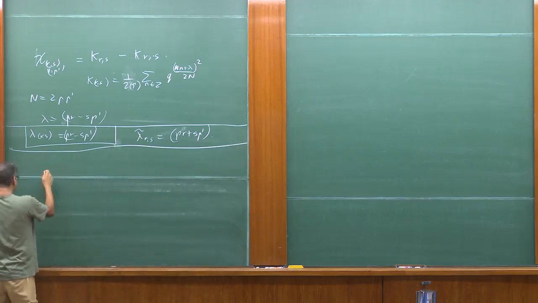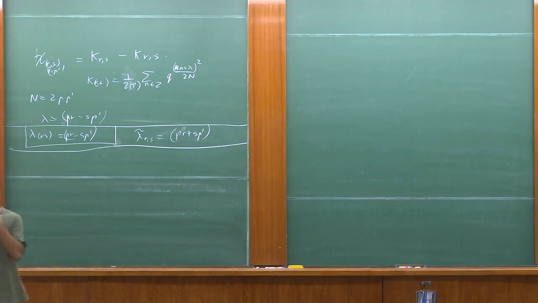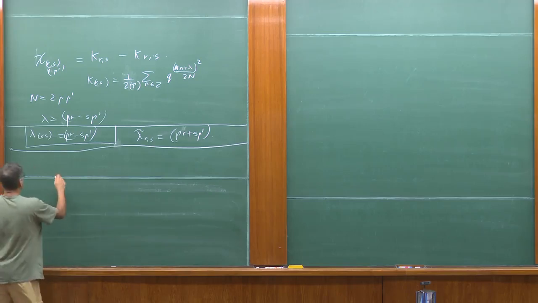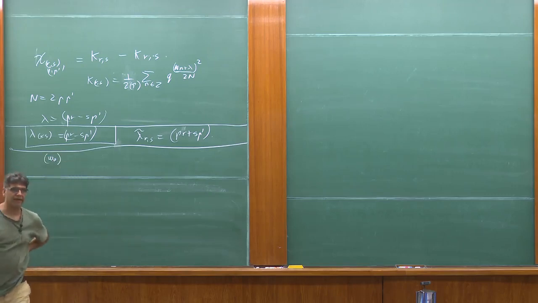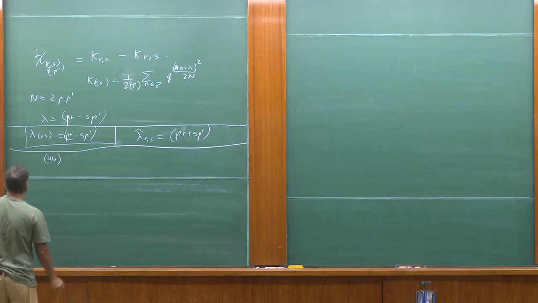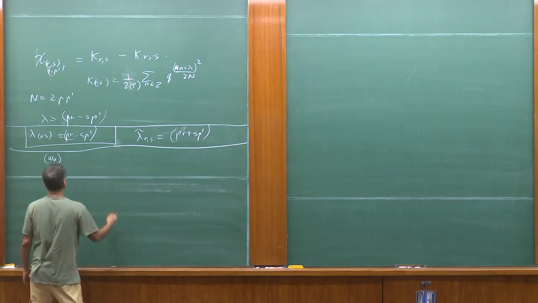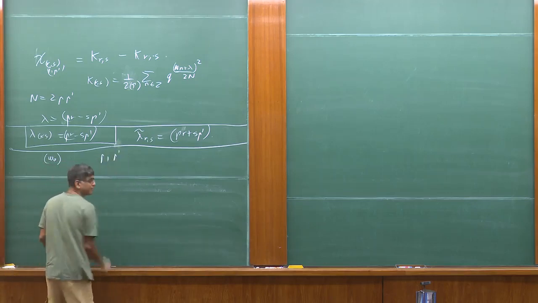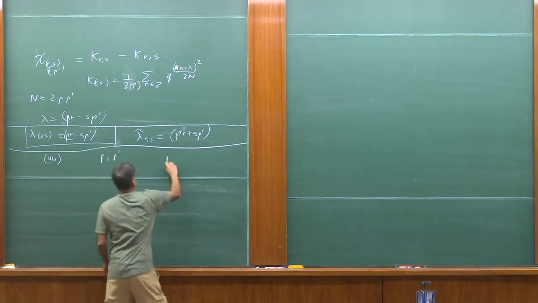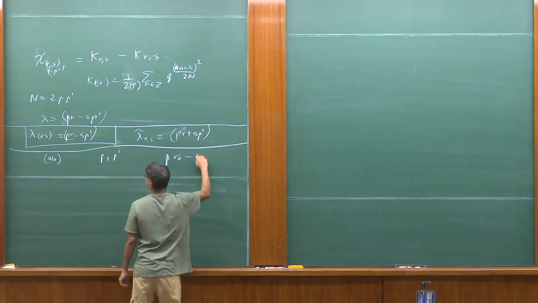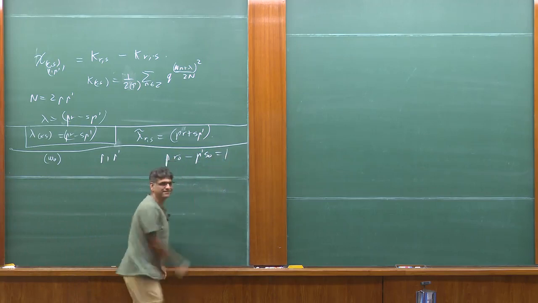What the yellow book does is define the following thing, a quantity omega naught, as follows. First, given any two integers p and p prime, there are always unique integers such that p r naught minus p prime s naught is equal to 1.